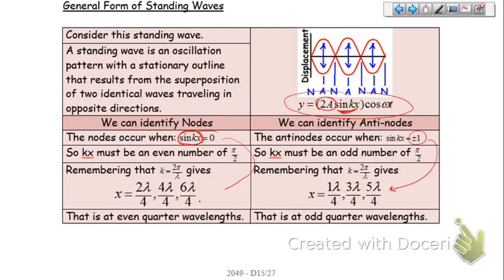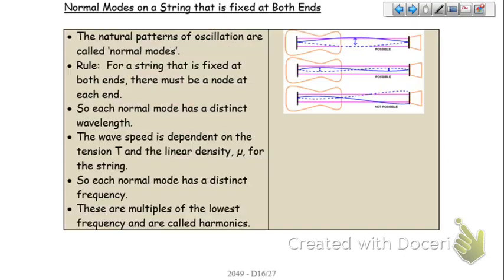X is equal to 2 lambda over 4, 4 lambda over 4, 6 lambda over 4, and 8 lambda over 4 for the nodes. And I don't know about you, but I don't care so much about that. This is what I want you to visualize, which is this.